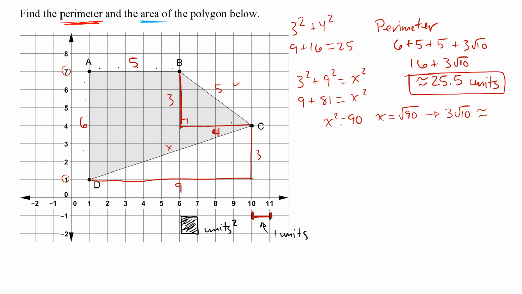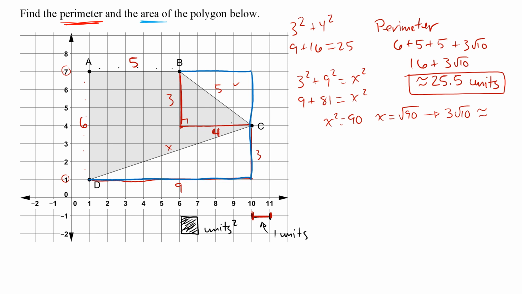Area, there's a lot of ways that you can do this. I think when I did it in class, I might have done it by putting together some small pieces. I think I'm going to take this subtraction approach. So I'm going to make this larger rectangle that goes around and connects all the way over to here.